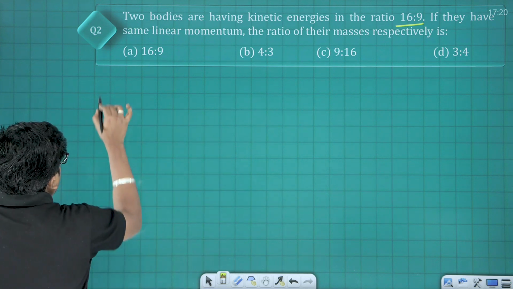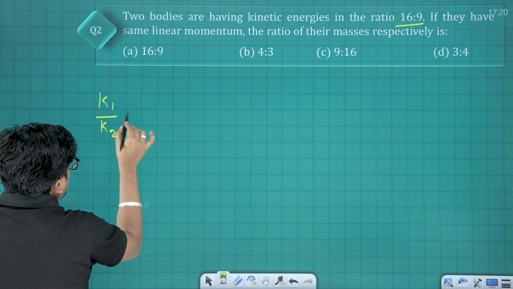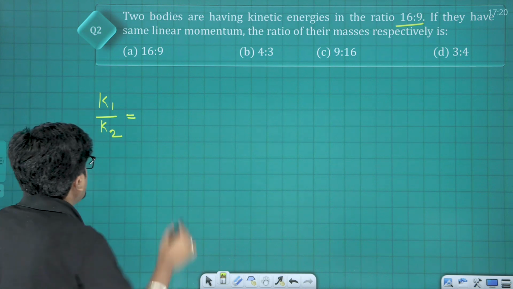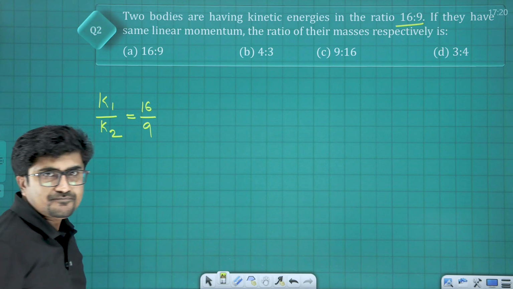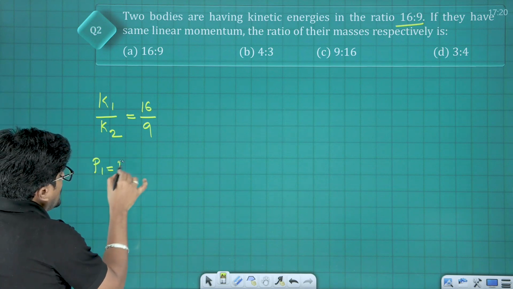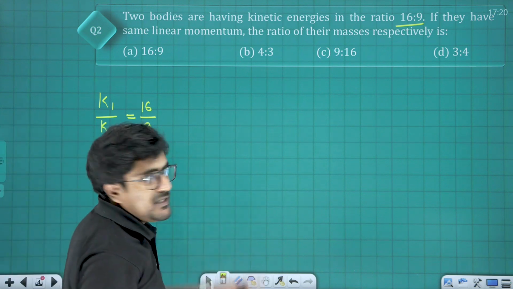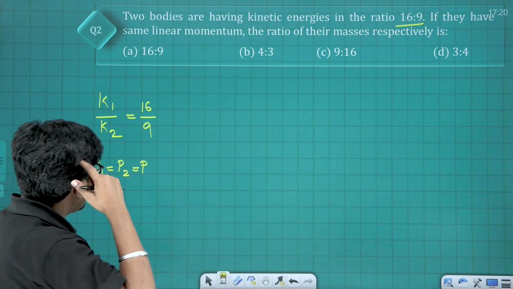So what we are provided with is the ratio of K1 by K2, which is 16/9. And what they say is P1 equal to P2 equal to P, same linear momentum. That's what is given.